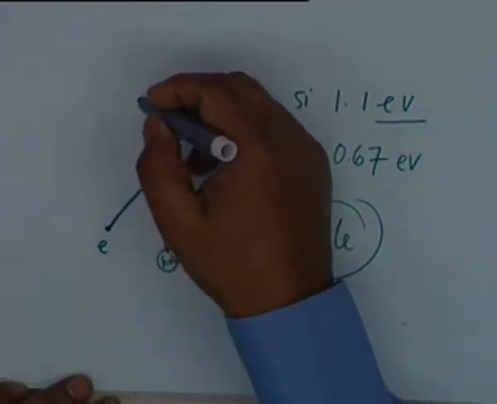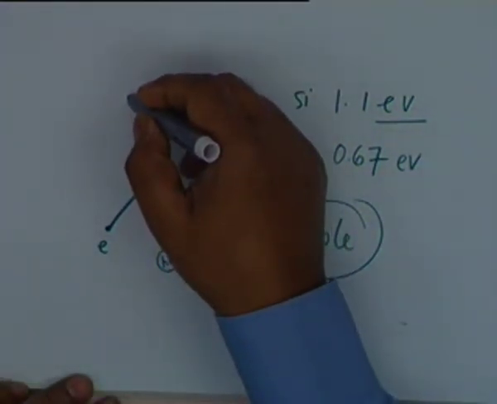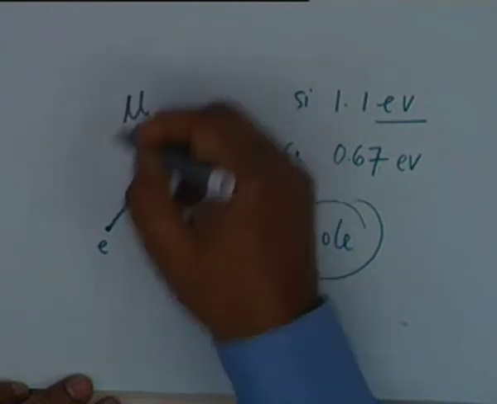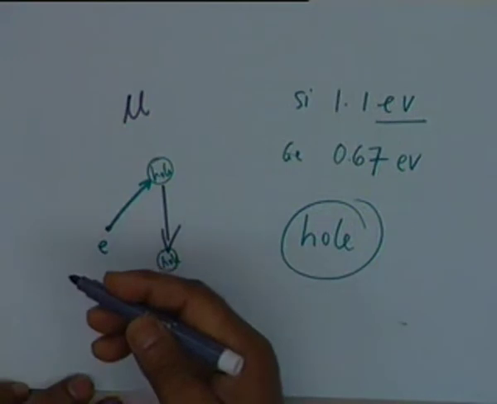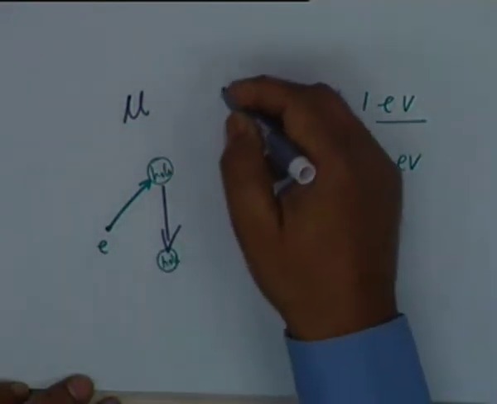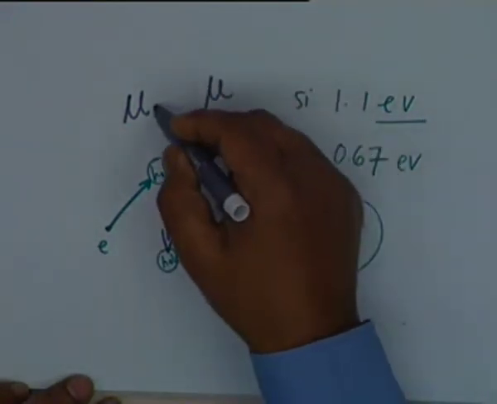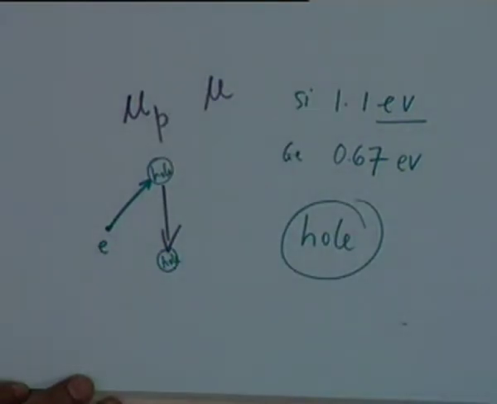In other words, in a semiconductor we have to talk of two kinds of mobilities. There are two kinds of charge carriers, holes and electrons, and therefore we shall have to talk about the mobility of holes.